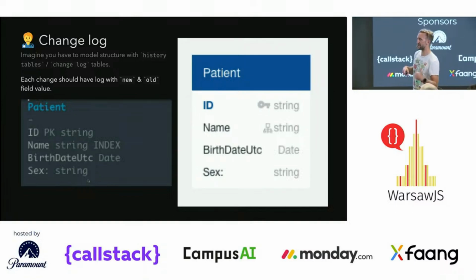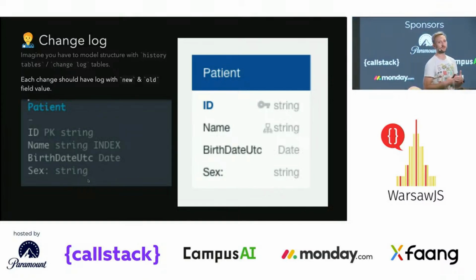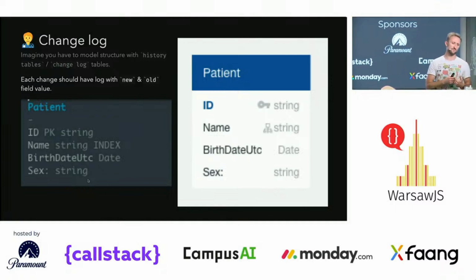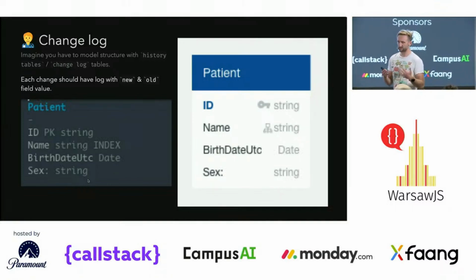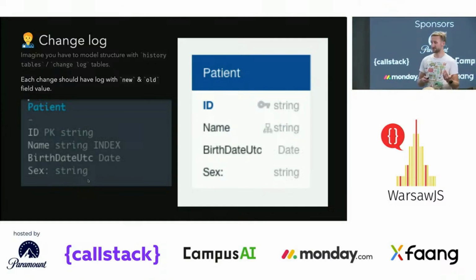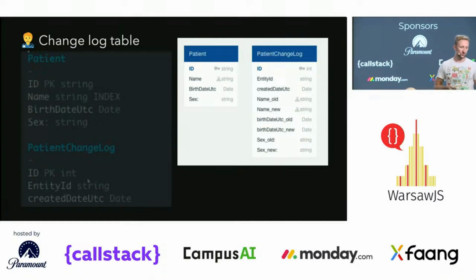If you're changing the patient data, doctor data, invoice, bill, literally anything, you have to store it. So in your system, you probably have a lot of changelog tables, history tables, and so on. So for the patient, we will have all of the fields with old and new values, for example. That's just one way to do it.